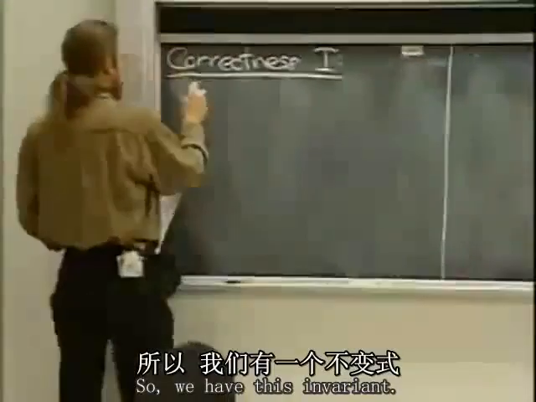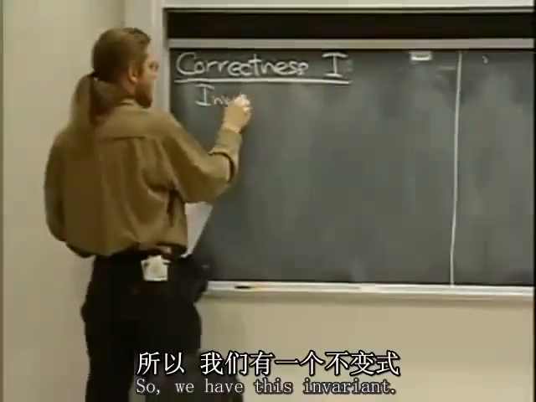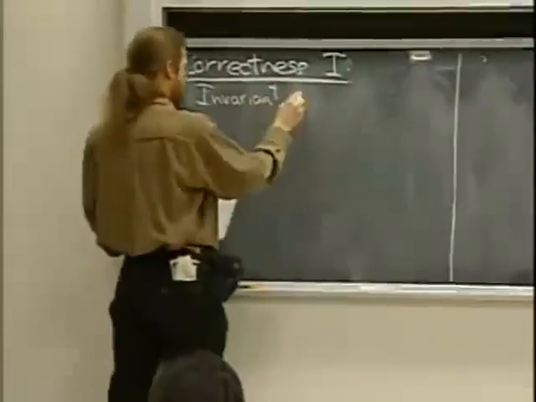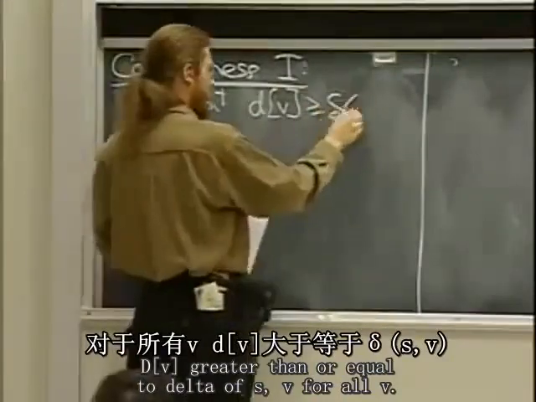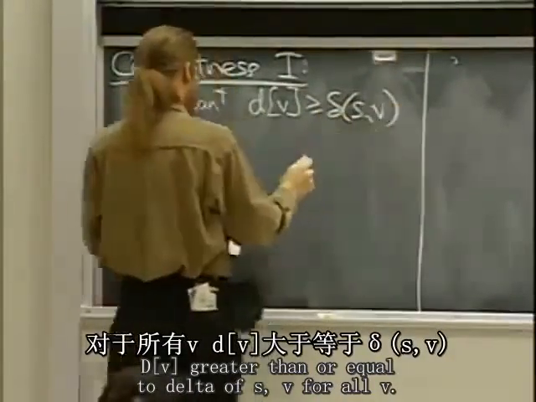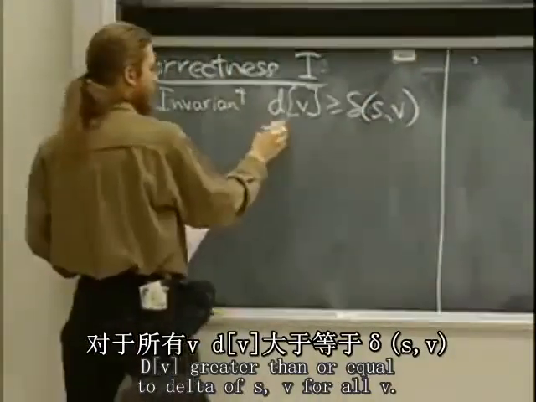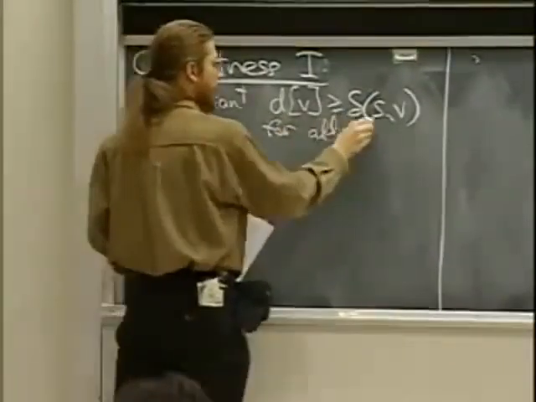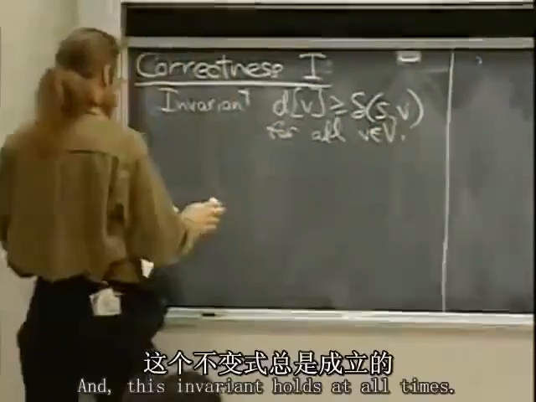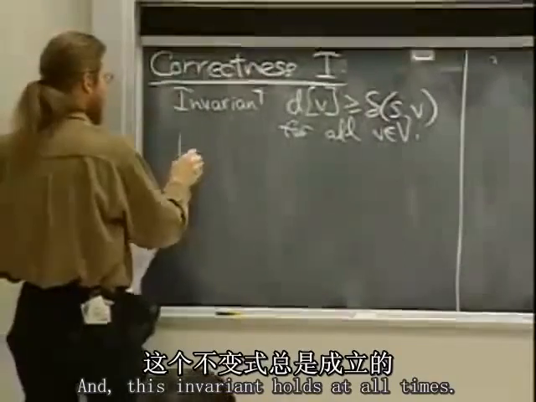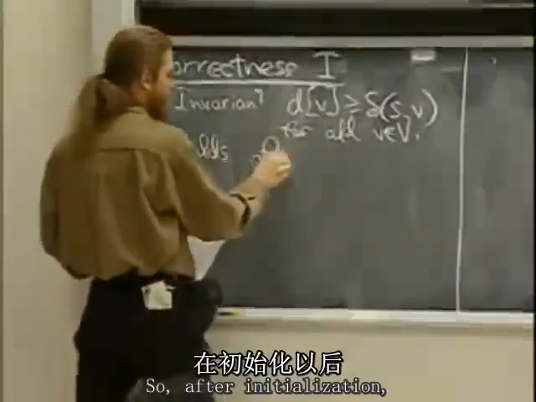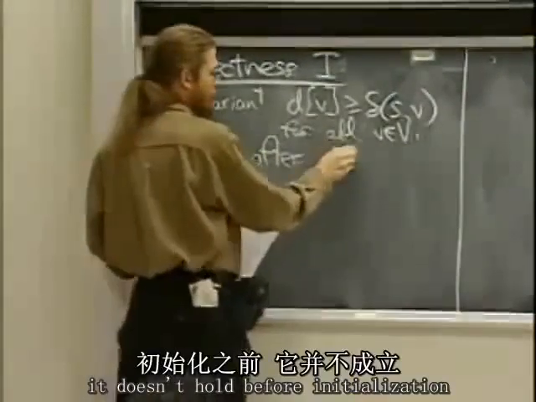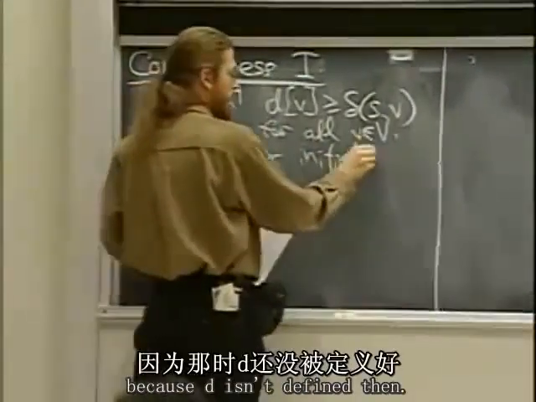So we have this invariant: d of v is greater than or equal to delta of s comma v for all v. And this invariant holds at all times. So after initialization, it doesn't hold before initialization because d isn't defined then.